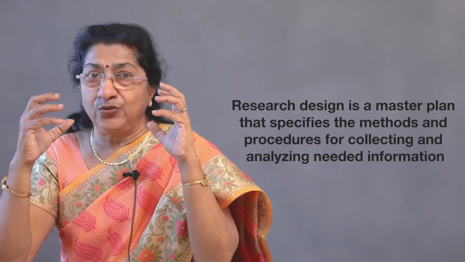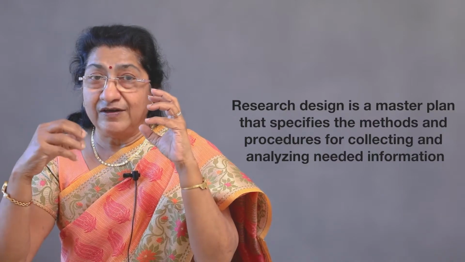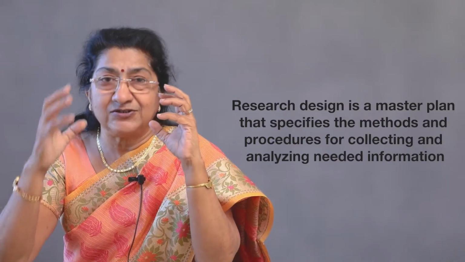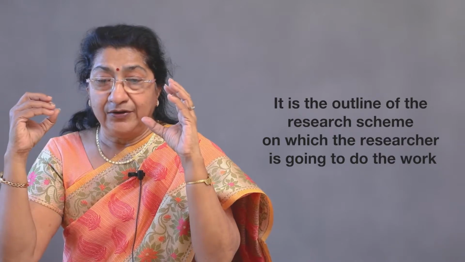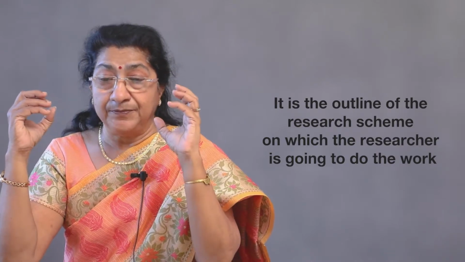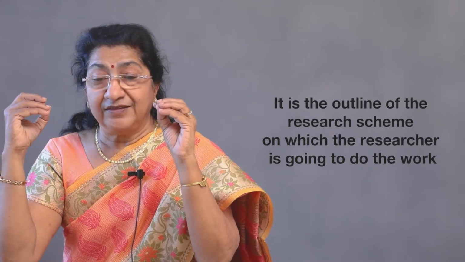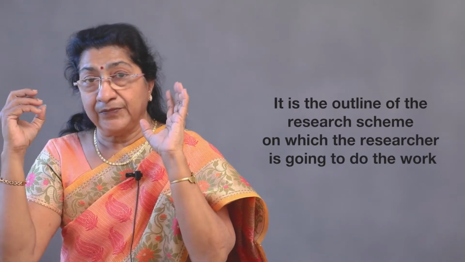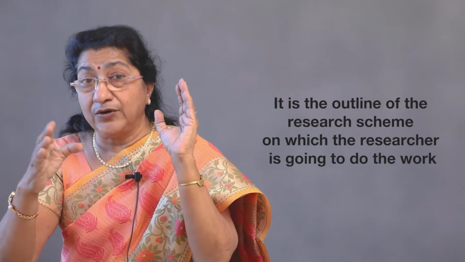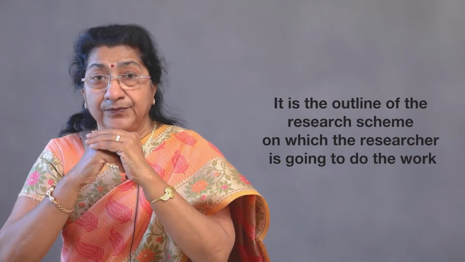Now, let us try to evaluate with the understanding of this master plan. First of all, it is an outline of the research scheme on which the researcher is going to do the work, meaning how you are going to do your work.